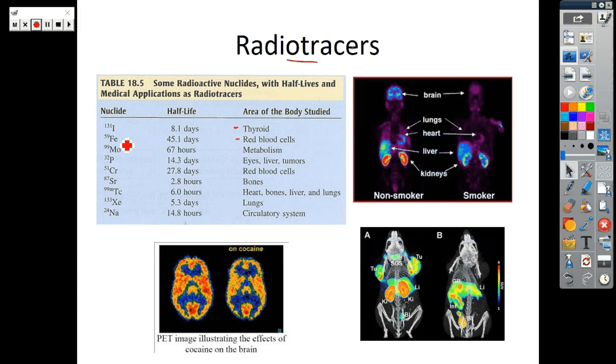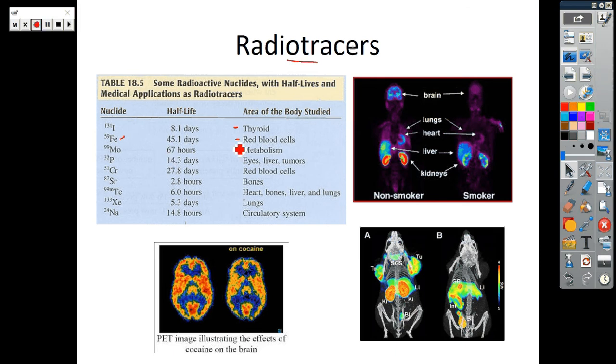If you want to track how good your circulation is, or whether the blood is making it everywhere it needs to, then obviously you might use some iron. Remember, iron is in hemoglobin and red blood cells, so if you use a radioactive version of iron and replace some of the hemoglobin in your red blood cells with hemoglobin that has this radio tracer attached to it, then you can see whether the blood cells are making it all the way up into the capillaries and the lungs and all that kind of stuff.